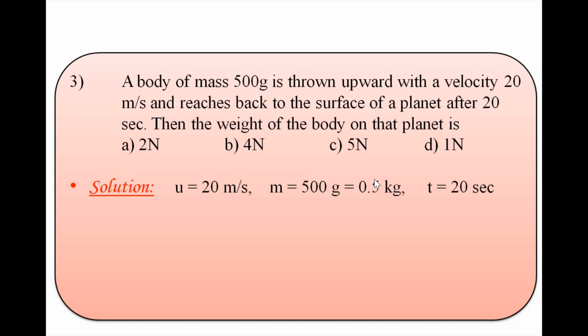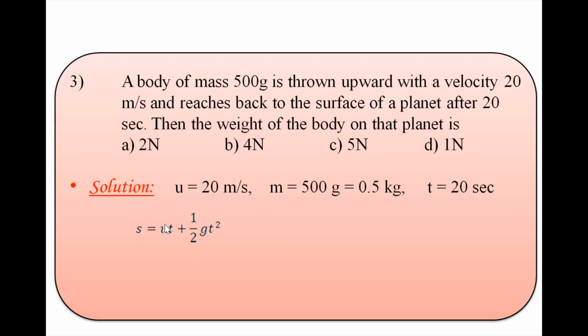Here we are given some quantities in the problem: initial velocity u is equal to 20 meter per second, mass 500 gram, which we convert into SI unit, that means 0.5 kilogram, and time period is 20 seconds. We already know the second kinematic equation, S is equal to ut plus 1/2 g t square.